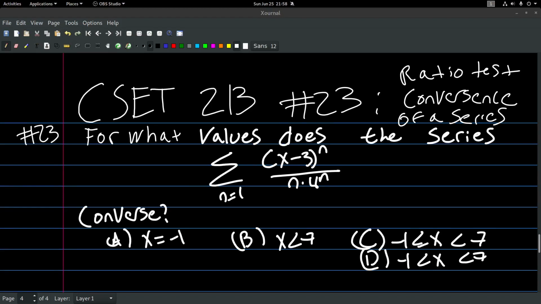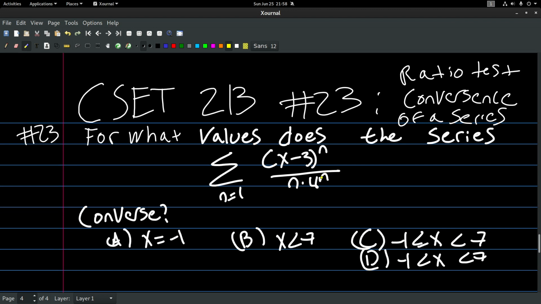We're going to look at an example from CSET 213, number 23, and it's asking for what value does this series (x minus 3) raised to the nth power divided by n times 4 raised to the nth power converge.